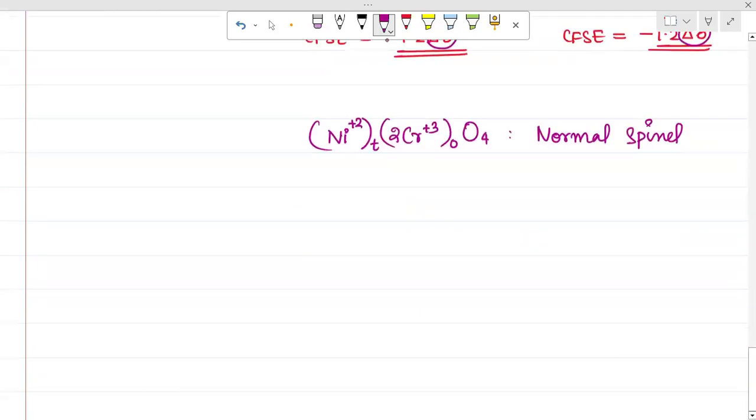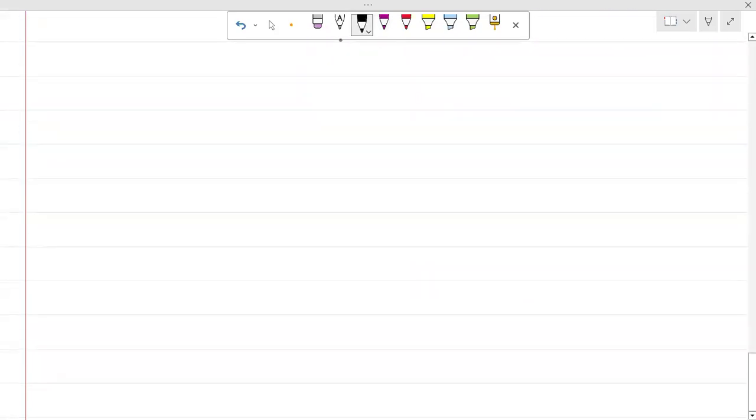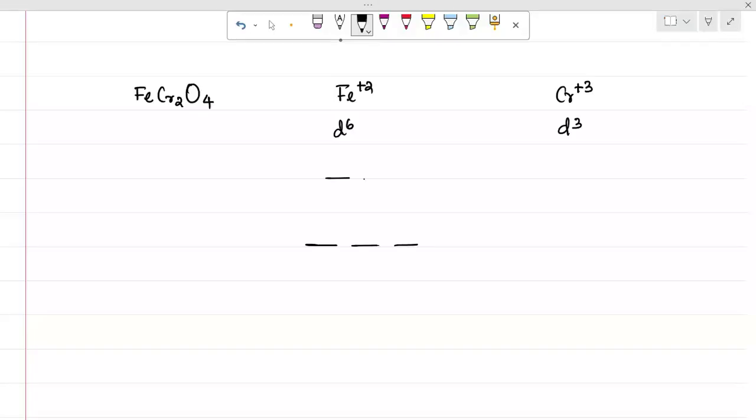Let's do one more question. FeCr2O4. So Fe+2, Cr+3: Fe+2 is d6 configuration, Cr+3 is d3 configuration. Here t2g, eg, here also t2g, eg. So 1, 2, 3, 4, 5, 6.